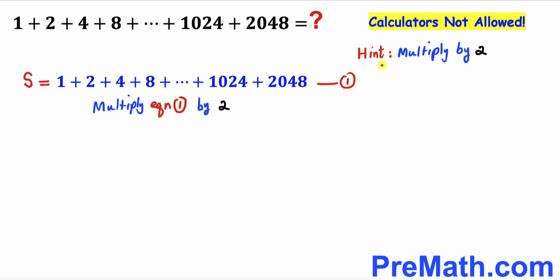Now we are going to use this very useful hint, multiply by 2. So we are going to multiply equation 1 by 2.